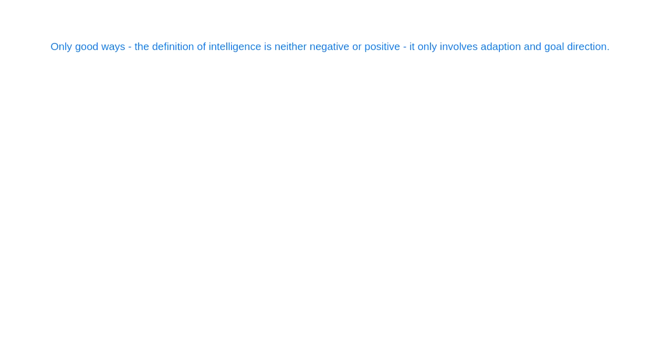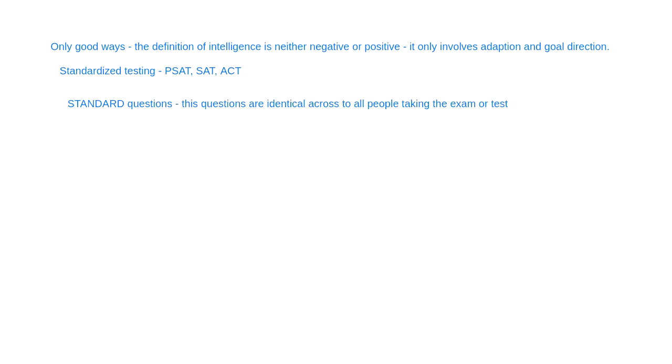The reason why these are standardized is because they're a standard way of asking questions, meaning that these questions are identical across to all people taking the exam or test. They're standardized. Everybody gets these same questions.